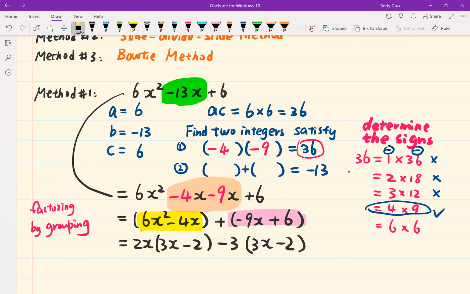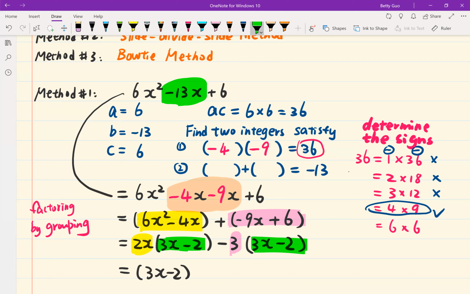The 2 groups, the yellow group and the pink group, now have a common binomial factor. We are going to factor out the common binomial factor in green, this 3x minus 2.